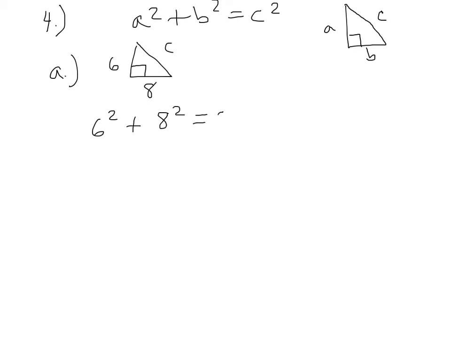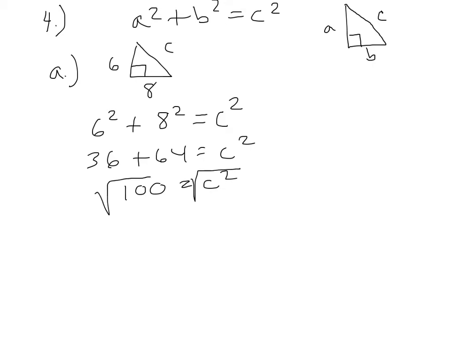And the c would be the thing across from the right angle, the hypotenuse. You have 36 plus 64 is equal to c squared. Looks like 100 is equal to c squared. Now you can see that c is being squared. In order to undo that, you need the inverse operation of squaring something, which is square rooting something. Square root both sides to see that 10 is equal to c.